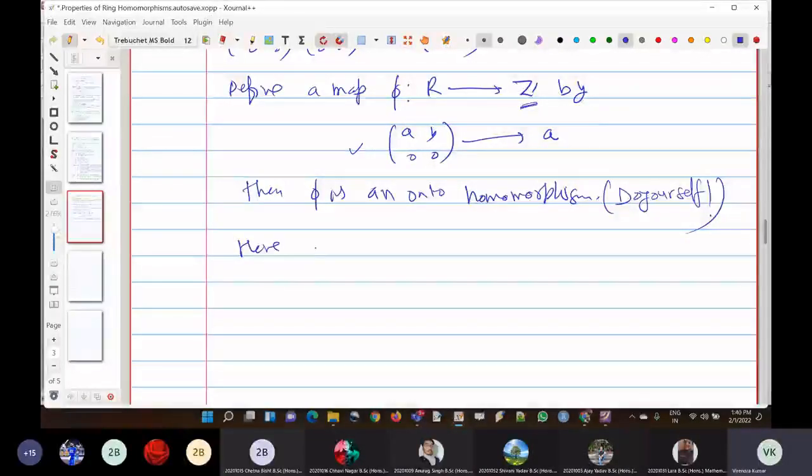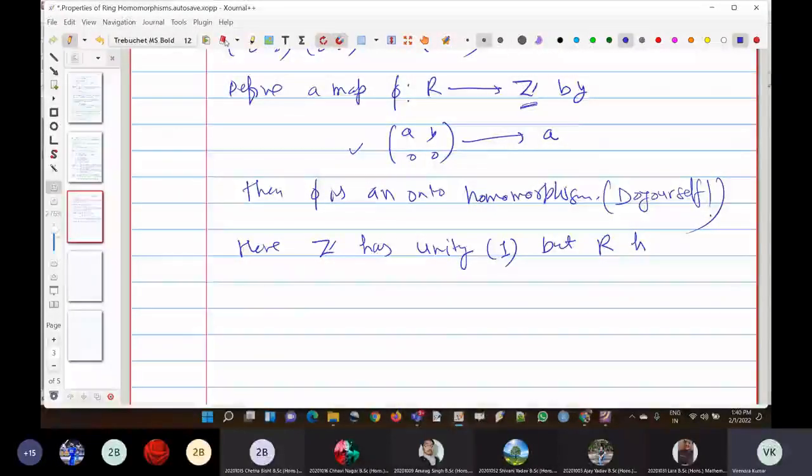Here Z has unity, that is one, you know, the set of integers. But R has no unity.